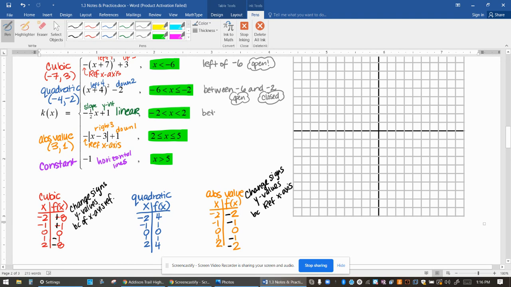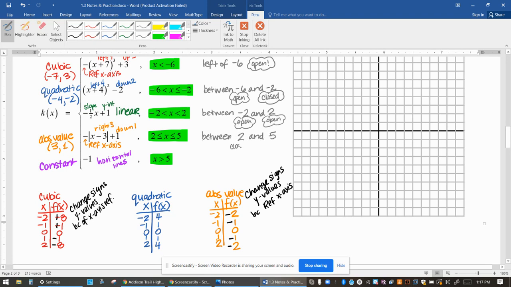And you go through the rest of the functions and ask yourself, what am I going to graph? Where am I going to graph that, and between which numbers? So this linear is between -2 and 2, both open because they didn't have the or equal to sign in the symbols. This one is between 2 and 5.